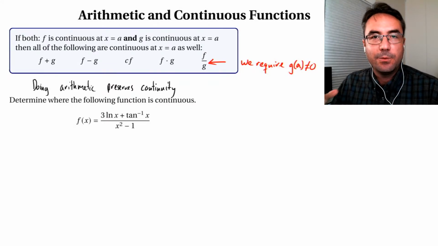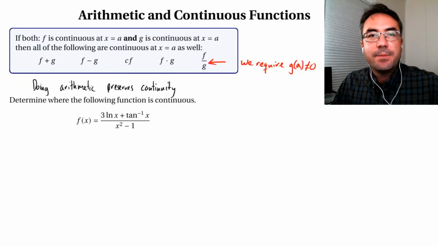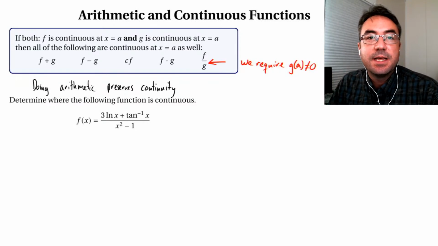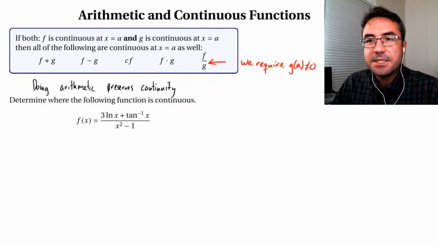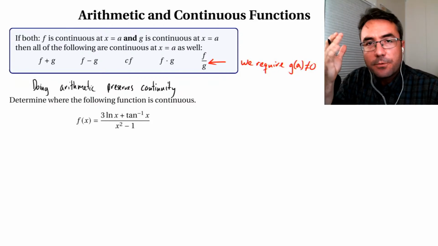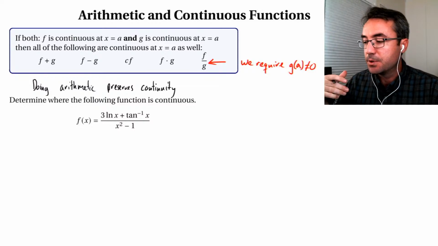That's the only requirement. We can't divide by 0, and we know that already. And if we do divide by 0, what happens is we're introducing a discontinuity. So besides that, we're free to add, subtract, multiply, and divide continuous functions, and the result is continuous.